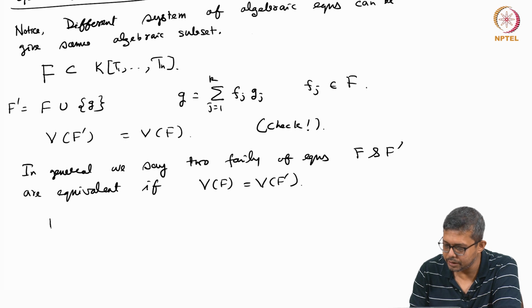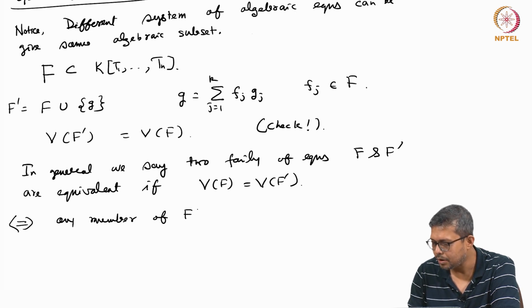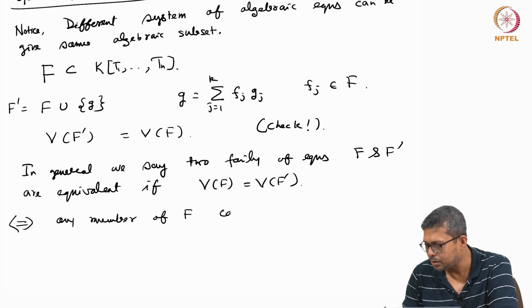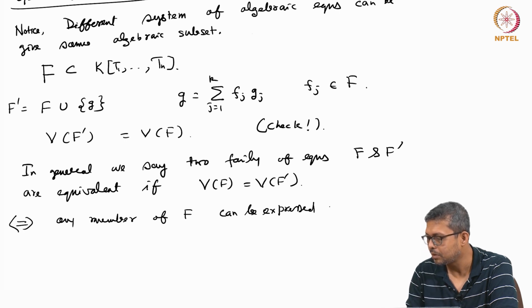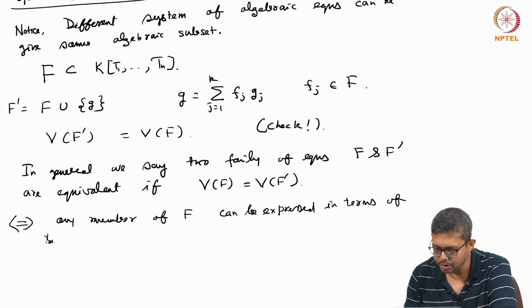So for example, this is equivalent to saying that any member of F can be expressed in terms of a linear combination, with coefficients in K[T1, T2, ..., Tn], in terms of F prime and vice versa.